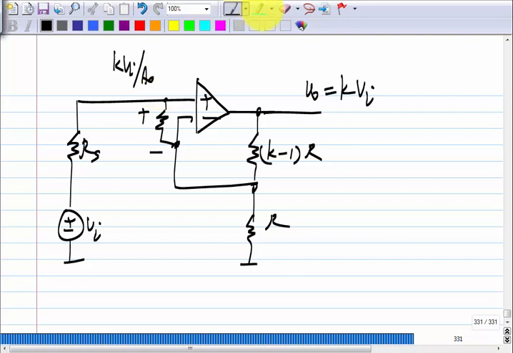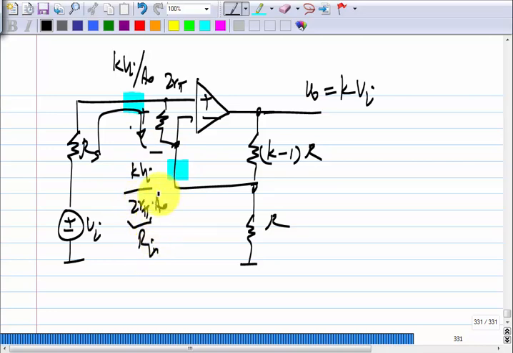So, let us assume that this voltage is about the same as before. What will be this current? If I have 2 R pi over there, what is the current that is drawn from here? KVi by 2 R pi times A naught. Basically, whatever is the input resistance of the op amp, that will appear there. Now, this could still be very small depending on the value of A naught.